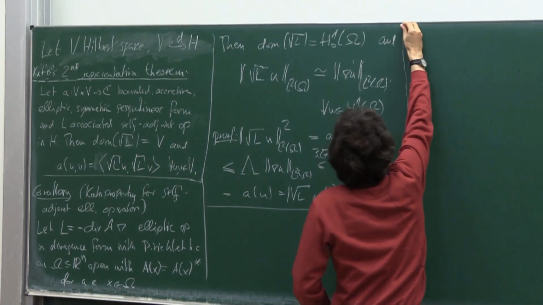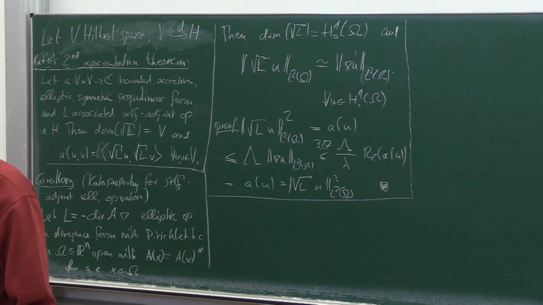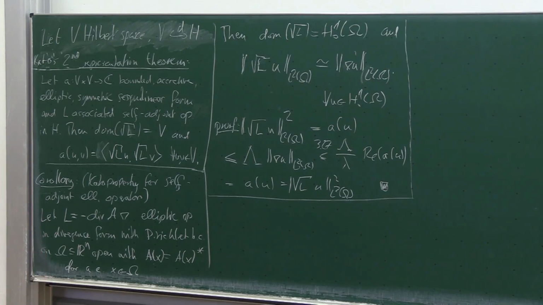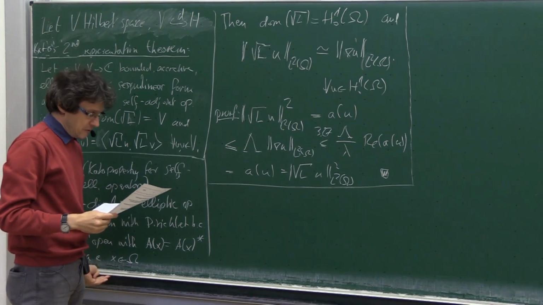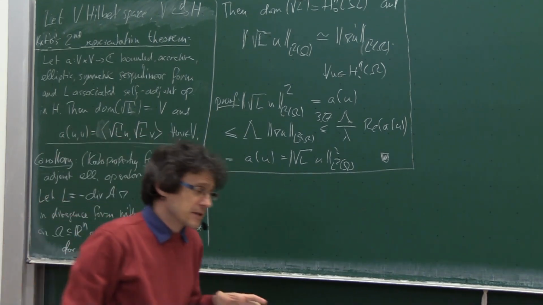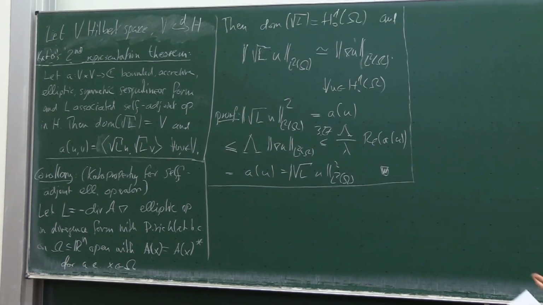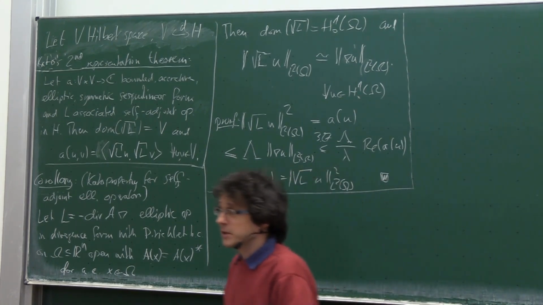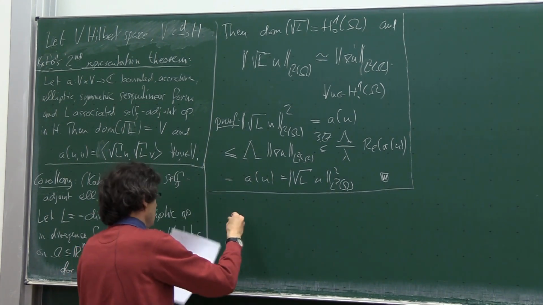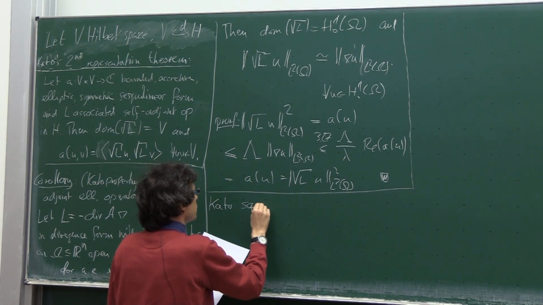We will see in later lectures more of why this sort of question was of interest to Kato. But he dealt with these operators and with these square roots, and if you see this result, he posed a very natural question, then known as the Kato square root conjecture.